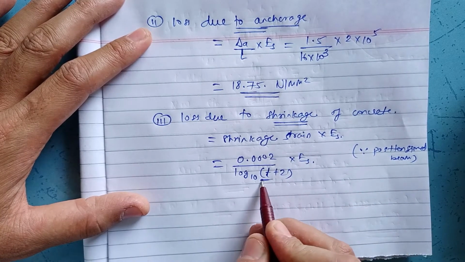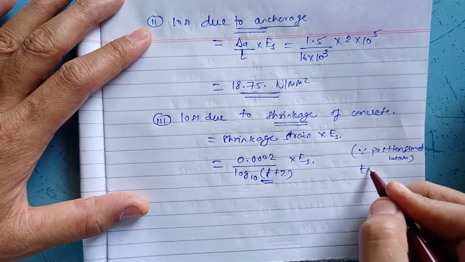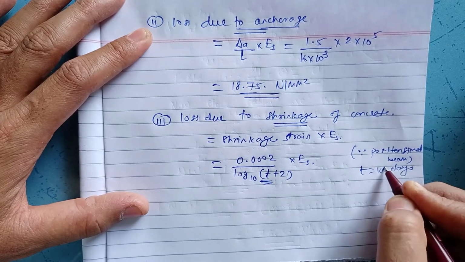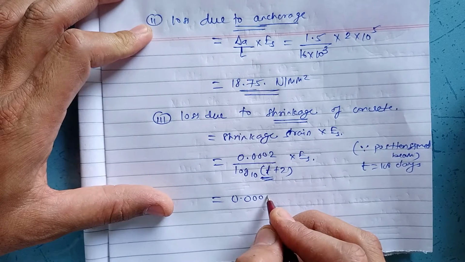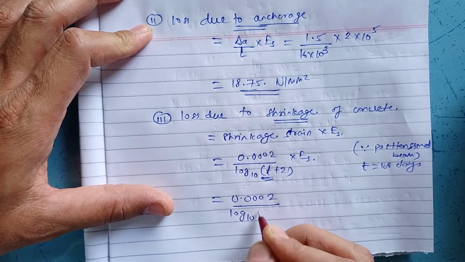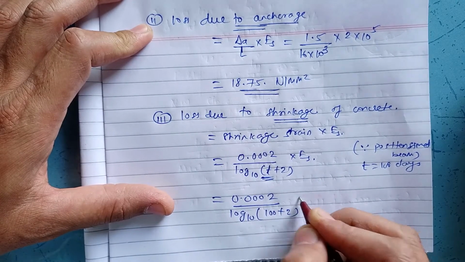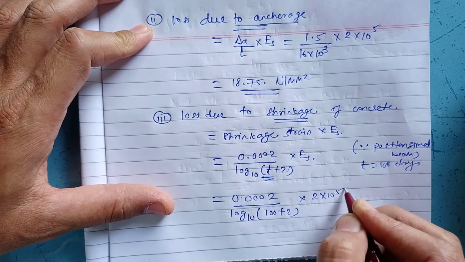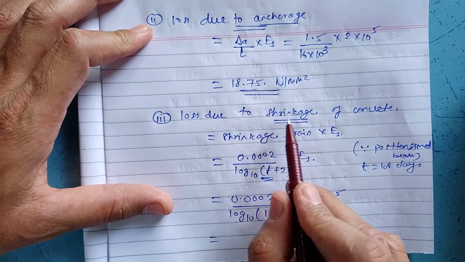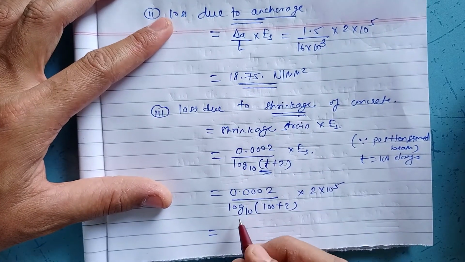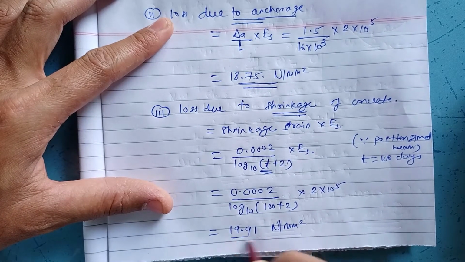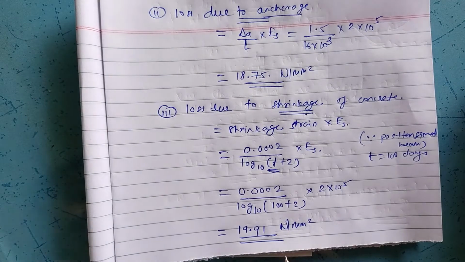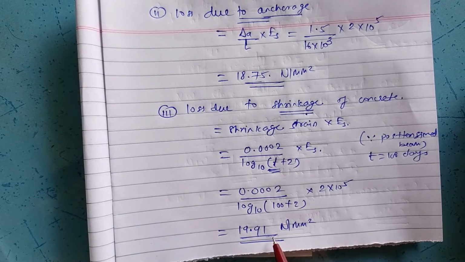Here this T is nothing but the age of the concrete, and it is given as 100 days. Substituting all the values, 0.0002 divided by log to the base 10, 100 plus 2, into ES, 2 into 10 raised to 5, we will get loss due to shrinkage of concrete, and on calculation the value comes to 19.91 Newton per mm square. This is nothing but loss due to shrinkage of concrete.